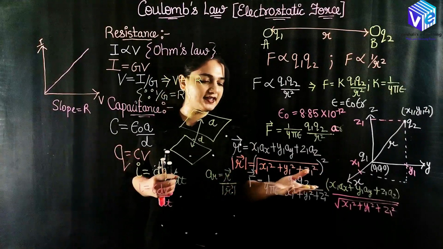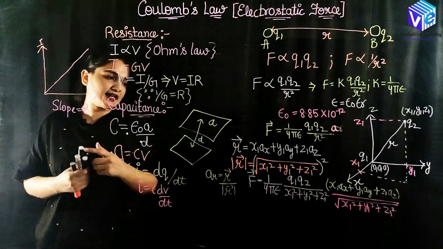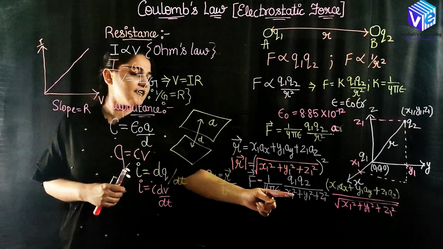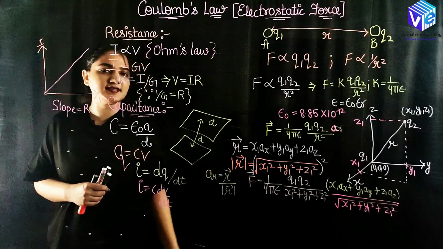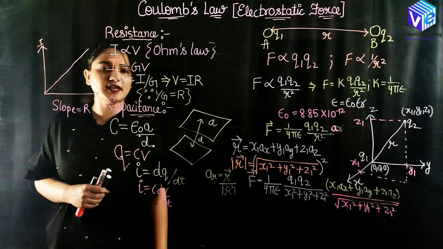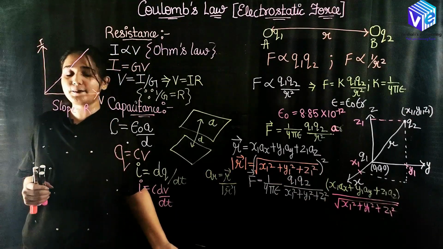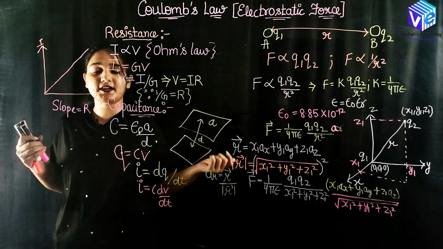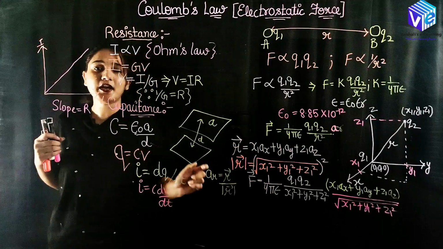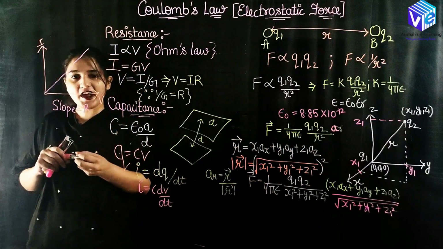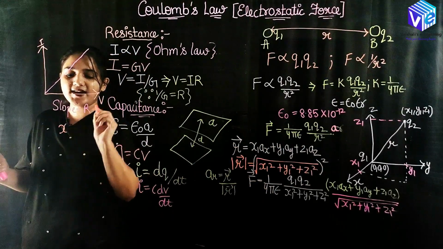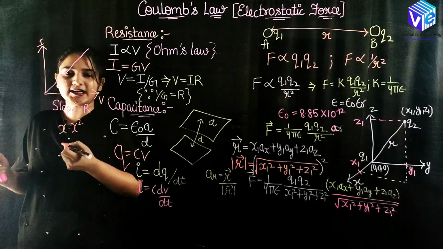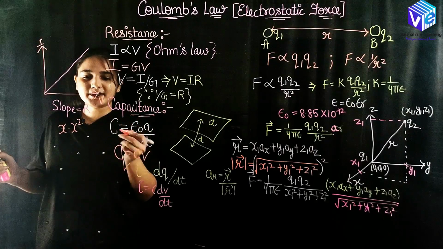Now can I simplify this equation? Yes, I can simplify this equation. If you see the denominator, I have x1 square plus y1 square plus z1 square, and here also we have x1 square plus y1 square plus z1 square. Here the power of x1 square plus y1 square plus z1 square is 1, and here it is 1 by 2. Now if I have, let's suppose x, multiplied with x square, what would be the answer?